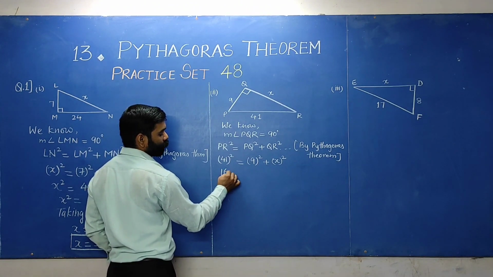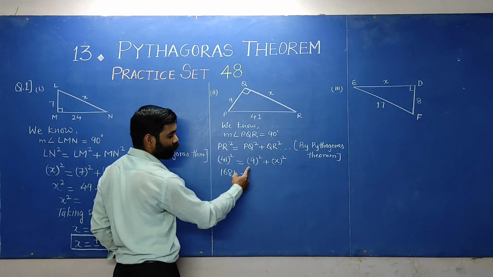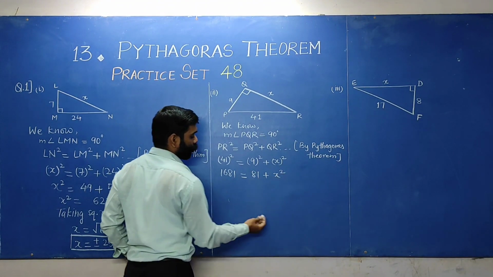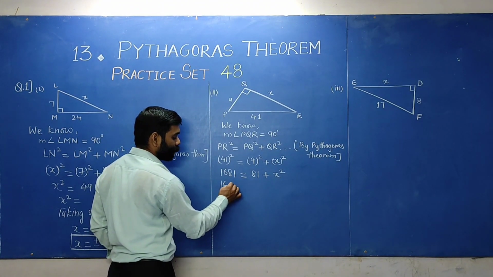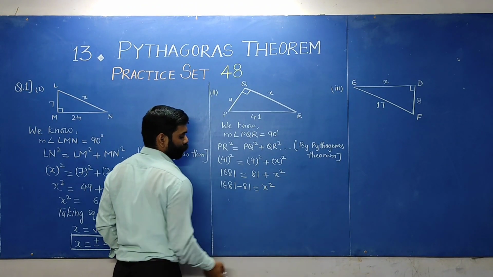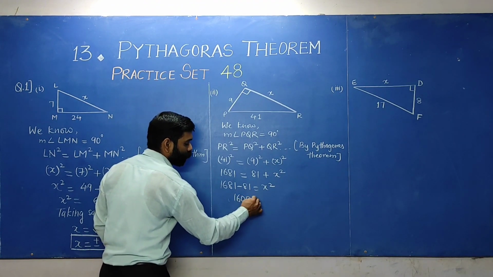41 square is 1681. 9 square is 81 plus x square is x square. 81 comes from the right hand side to the left hand side, it will become minus. 1681 minus 81 is 1600.